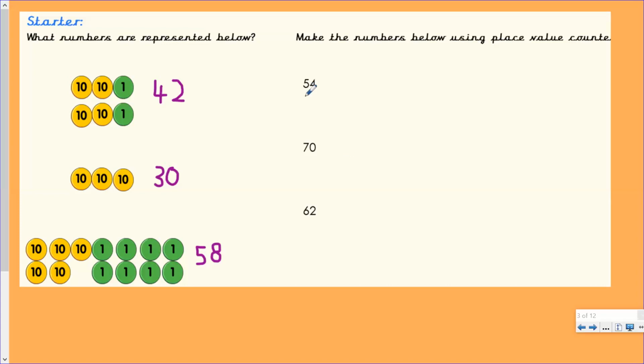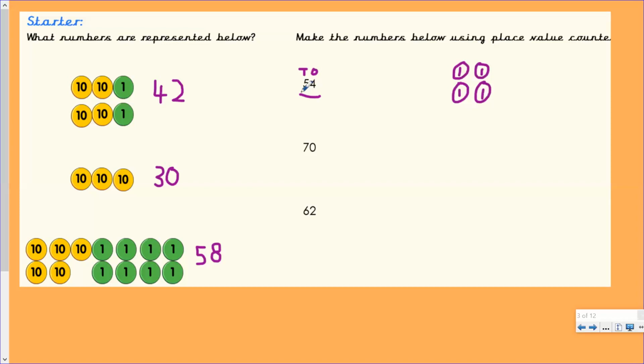Okay, so to represent the number 54, let's look at how many ones we have, and then we will look at how many tens we have. We have got 4 ones, so let's draw our 4 ones. 1, 2, 3, 4, and I need to clarify that each of these represent 1, so I'm going to put a number 1 inside.